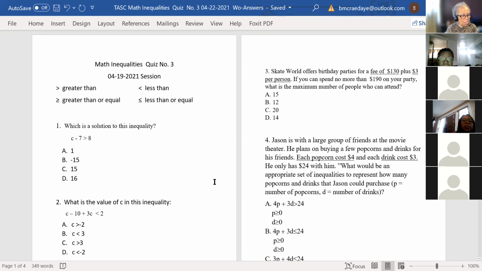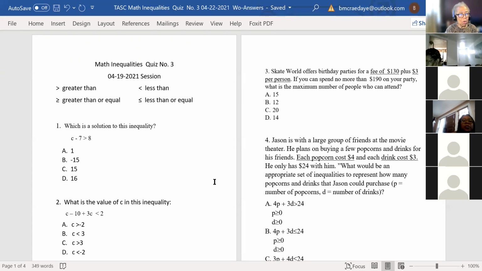I think that was algebra number 4. Yes. No, Alba, you did algebra worksheet number 4, but this is math inequalities number 3. So you have 2 worksheets. One is math inequalities, one is algebra. Okay, so it's the algebra I complete and send.